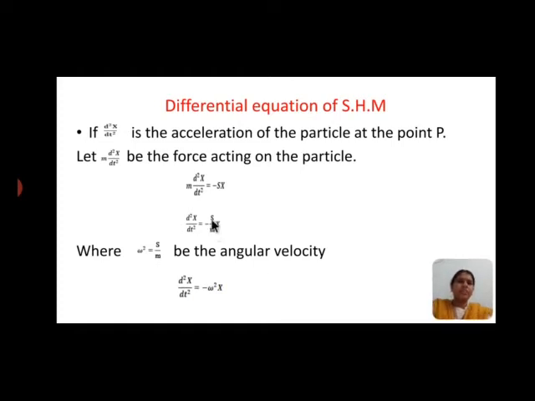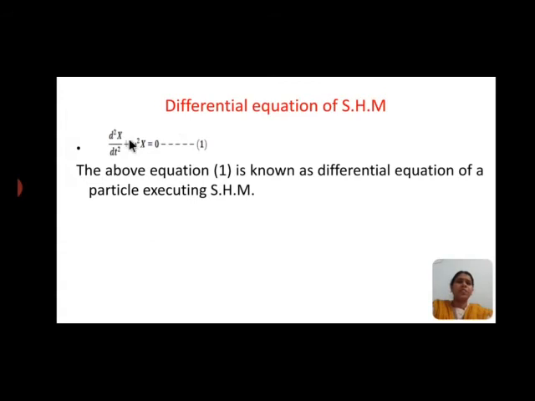In place of S by m, substitute omega square, where omega is the angular velocity. So d square x by dt square equals minus omega square into x. Bringing this term to the other side, d square x by dt square plus omega square x equals 0. Write this as equation number 1.